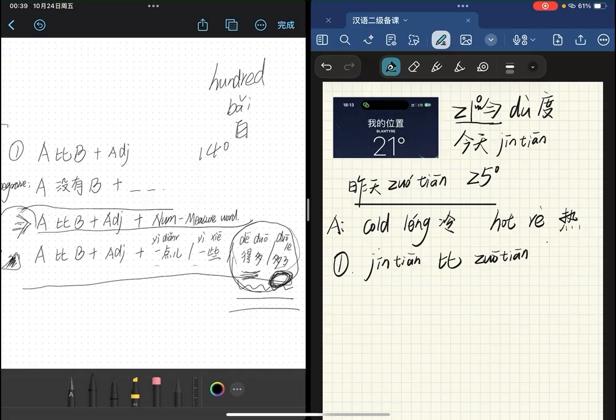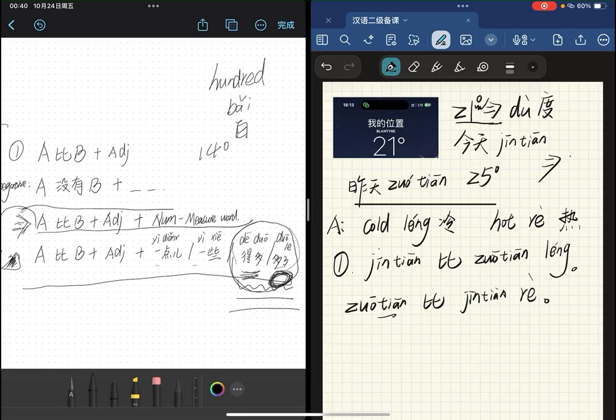The adjective is 冷. 今天比昨天冷. And 昨天 compared with 今天: yesterday is hotter than today. The adjective is 热. 昨天比今天热.